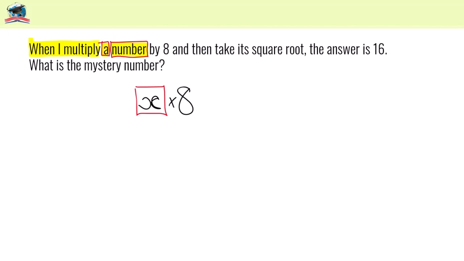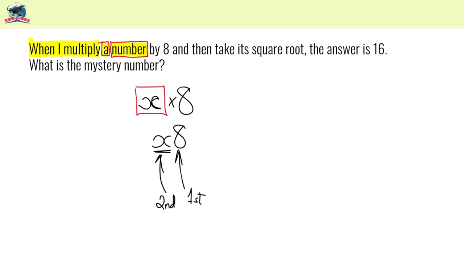A number by 8: you don't write it this way, x8. You don't write the letters first. You have to write the number first. So if you want to write it properly, you write 8x, not x8.